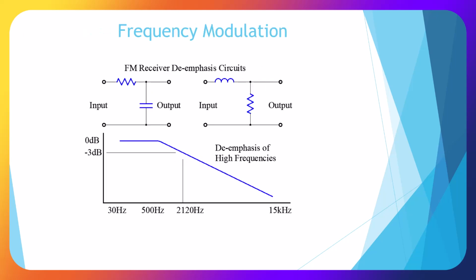Pre-emphasis is used in the transmitters, but de-emphasis is also used in the FM receivers. So once it's pre-emphasized, they filter out the higher frequencies at the receiver. So the overall effect is noise reduction.